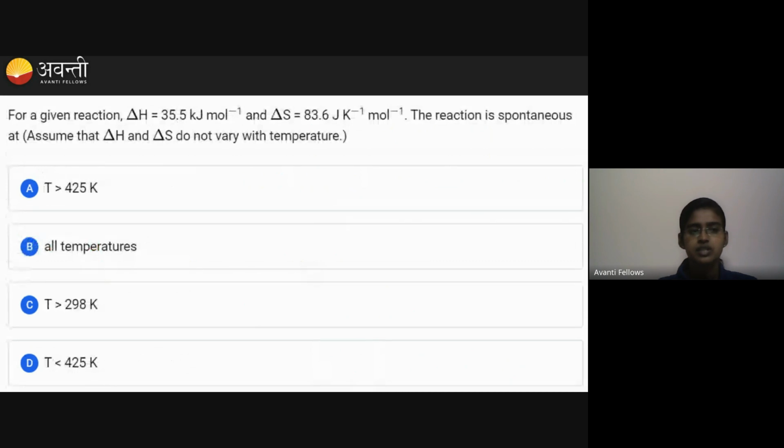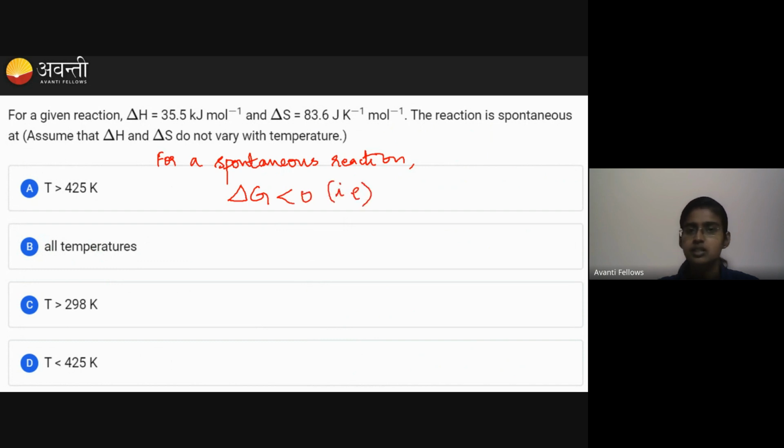Coming to the next question, for a given reaction, delta H is given as 35.5 kilojoule per mole, delta S is given as 83.6 joule per Kelvin per mole. The reaction is spontaneous at. So for a spontaneous reaction, we know that delta G should be less than 0, right?